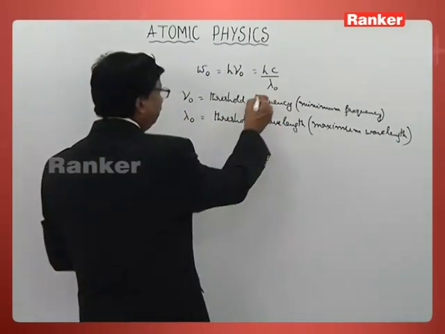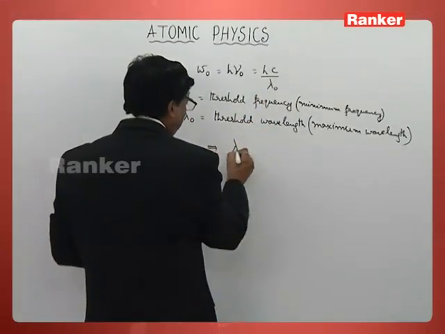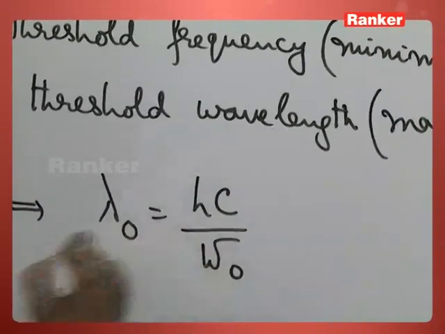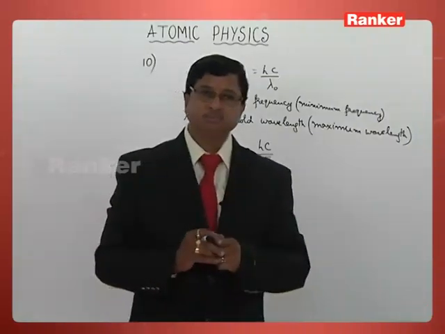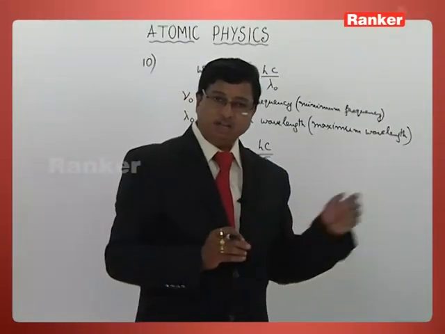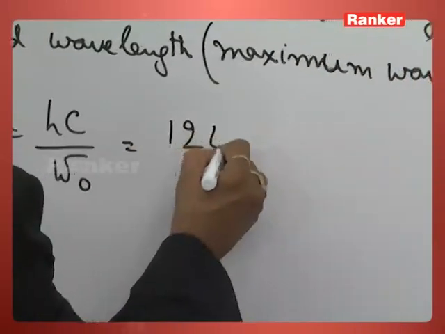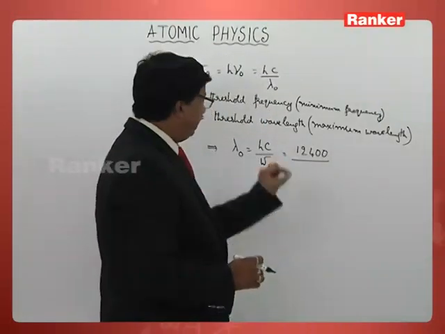Now we want this lambda naught. So what can I write now? Lambda naught is equal to hc by W naught. Just now I have told you the shortcut method. That hc, I can now write directly as 12,400 by lambda naught.